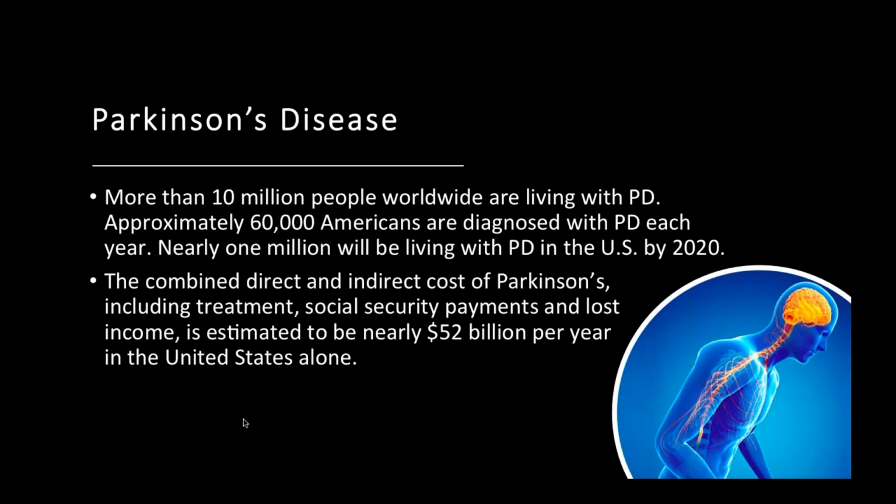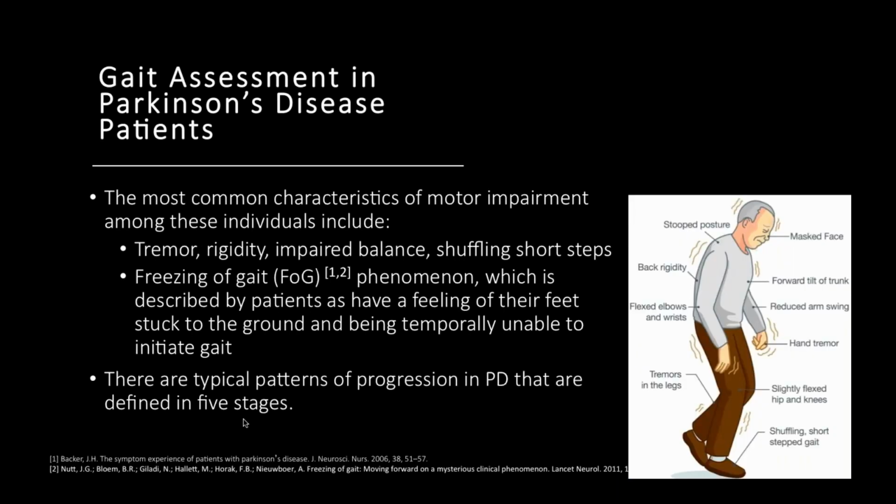I mentioned how Parkinson's disease affects 10 million people worldwide, and it's widespread in the United States, the effect it has on quality of life, and how it comes with a cost to the patients and to the economy of the country itself. And as I mentioned here, those are the common characteristics of the motor impairment that comes with the disease: rigidity, tremor, freeze of gait, and how the disease progresses in 5 different stages.